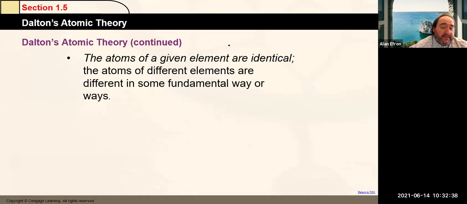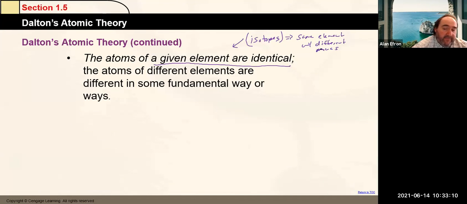The other part of it is where it says that atoms of a given element are identical. The existence of what are known as isotopes basically disproves that part of the theory. An isotope is basically the same element, but with a different mass.